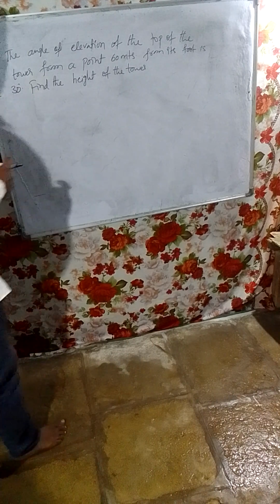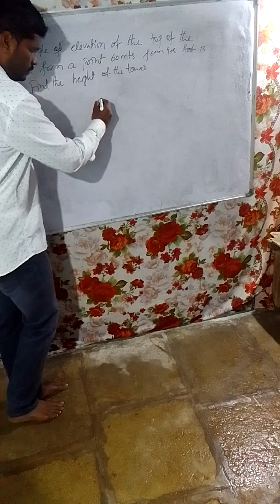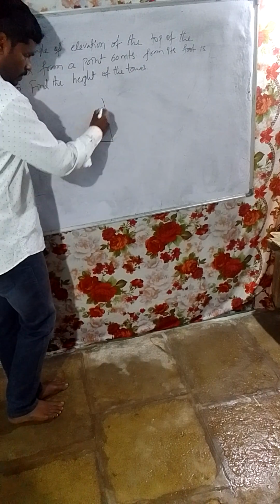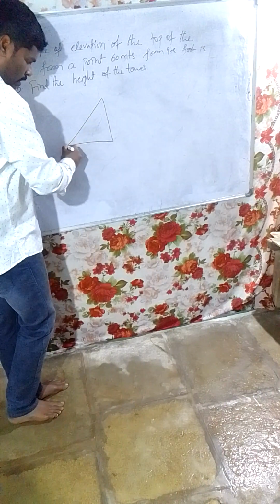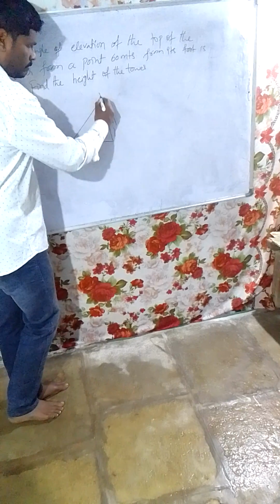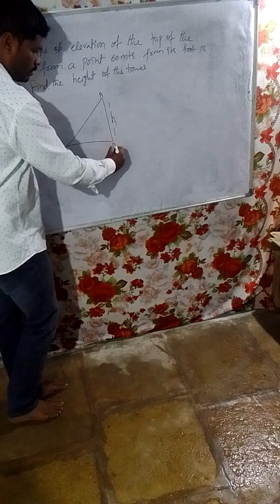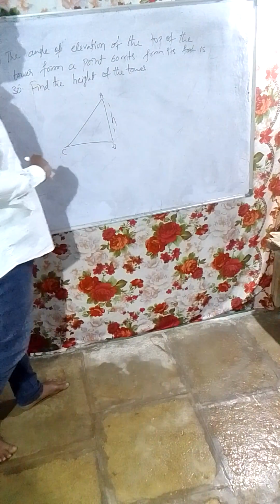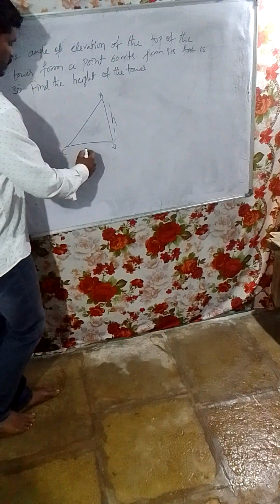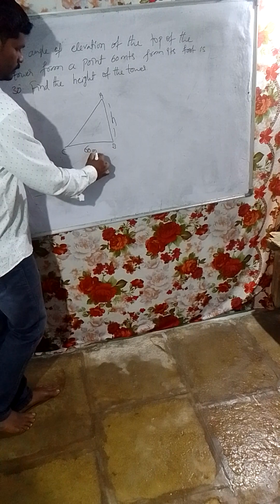See, this is the height of the tower. We should find this height. This is point A, this is point B, this is point C. This is 60 meters.